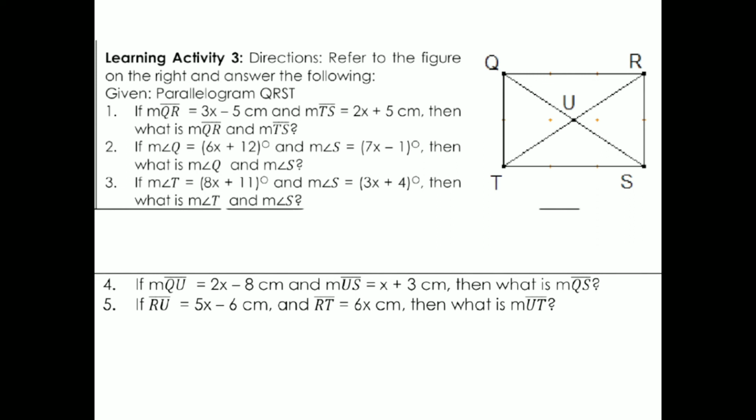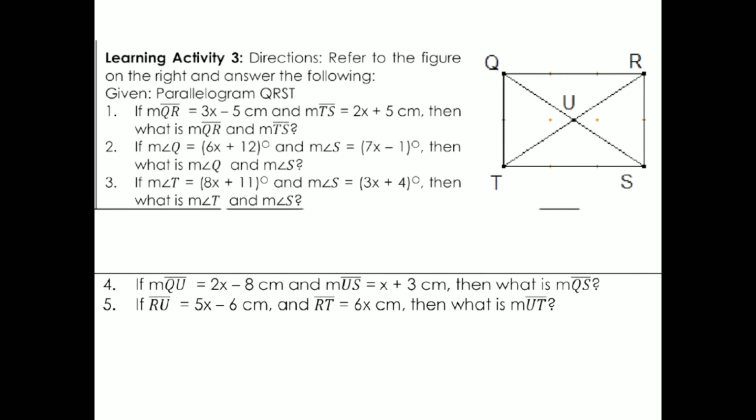So 14 and then plus x plus 3, which is 11 plus 3 is equal to 14. So 14 plus 14 is equal to 28 centimeter. This is the length. So yung kalahati niya, yung both sides, yung value nila is parehong 14. So pag pinag-add natin is 28 centimeter. That is the length of the diagonal QS.